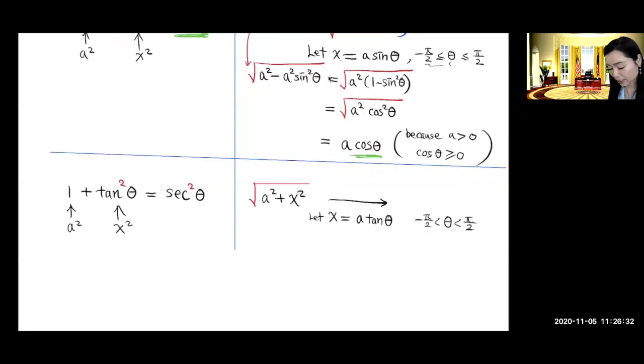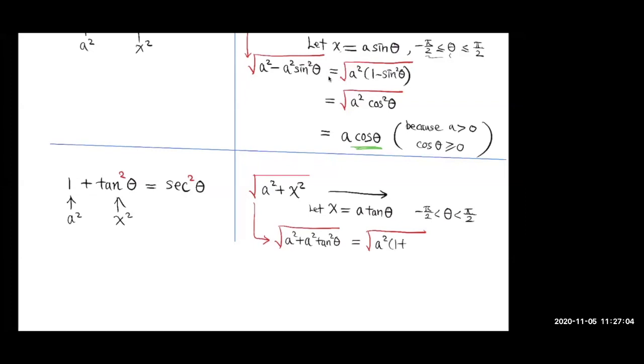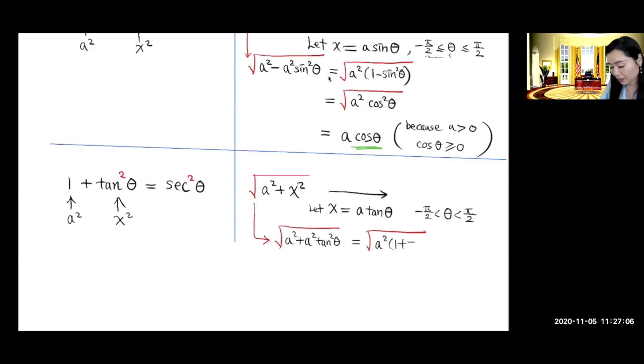Now by doing this, what do you think this is going to become? Square root of a squared plus a squared tangent squared theta, right? Which is going to be what? Square root of a squared times what? 1 plus tangent squared, which is secant squared. Yeah, it's secant squared, okay?